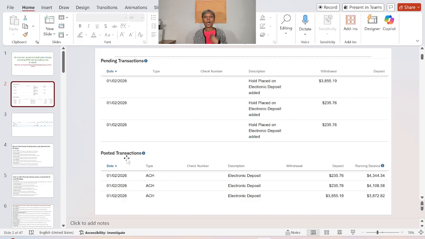It is posted already. So you can see that by doing that transfer on the 2nd of January, it took all the way to the end of the day of January 7 for it to be posted.